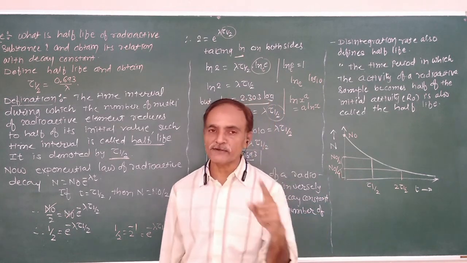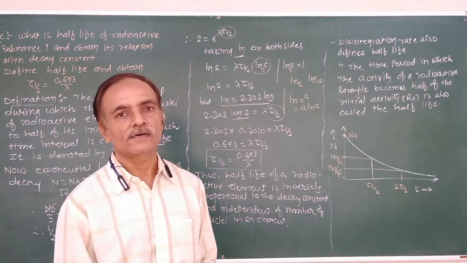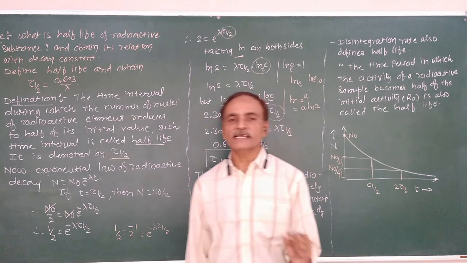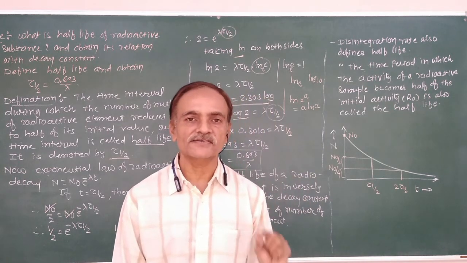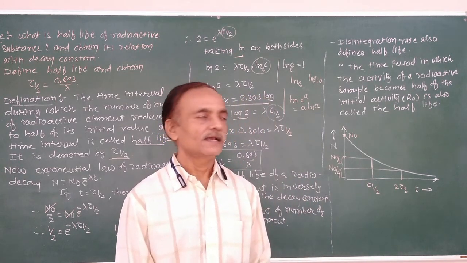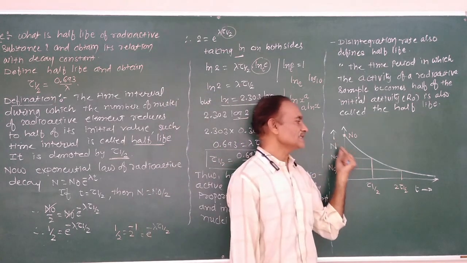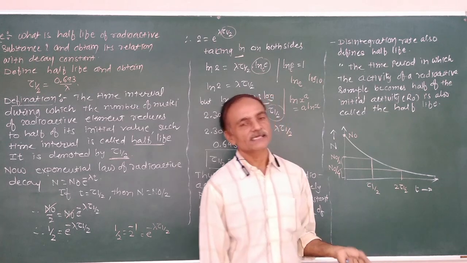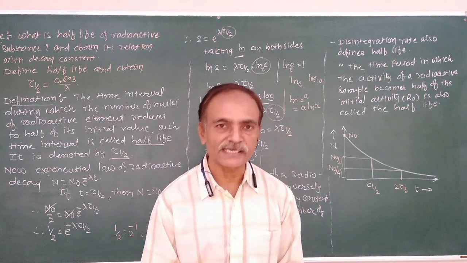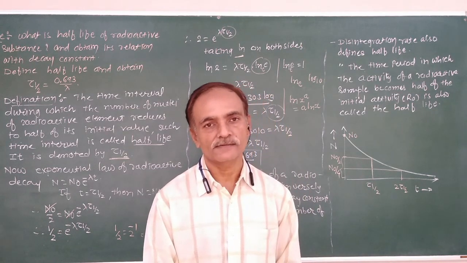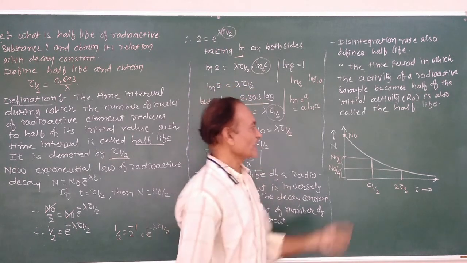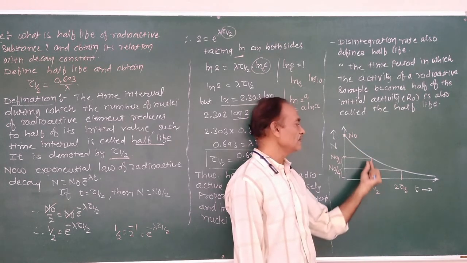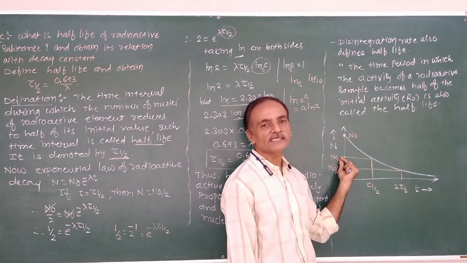And also, according to the characteristic of the decay curve, the activity, or the rate of disintegration of the nuclei per second, is high initially. As time passes, the number of undisintegrated nuclei decreases. Therefore, the rate of disintegration also becomes slower. So, whatever the activity at time t equal to 0, at time t equal to tau half, the activity becomes half of the initial.